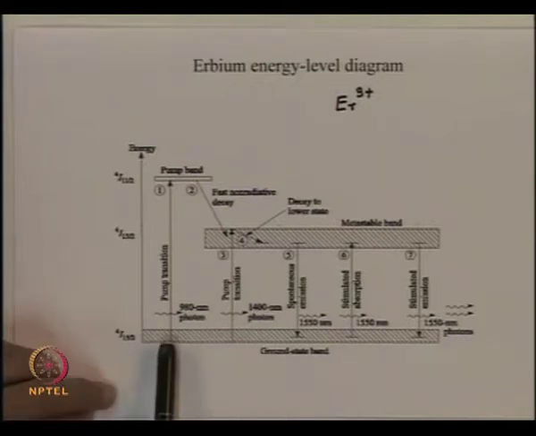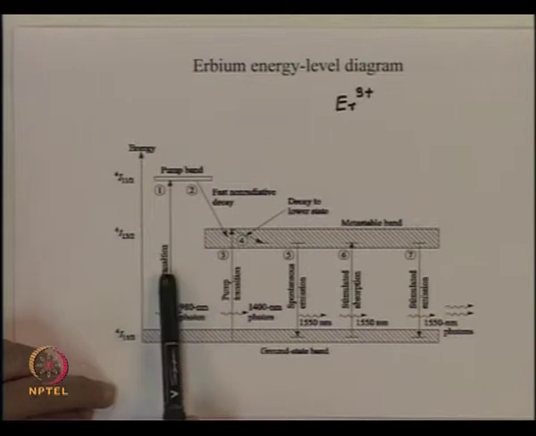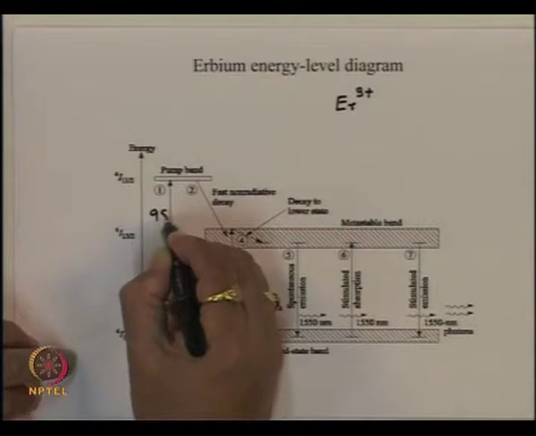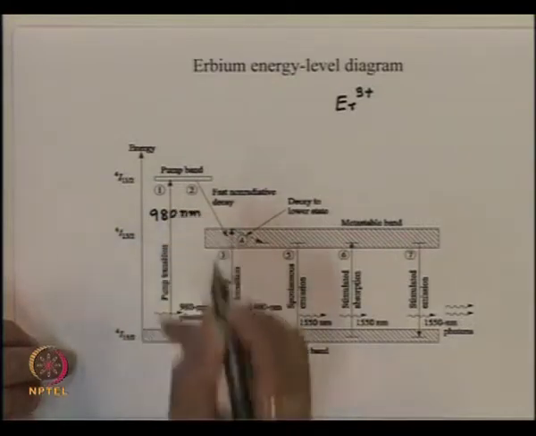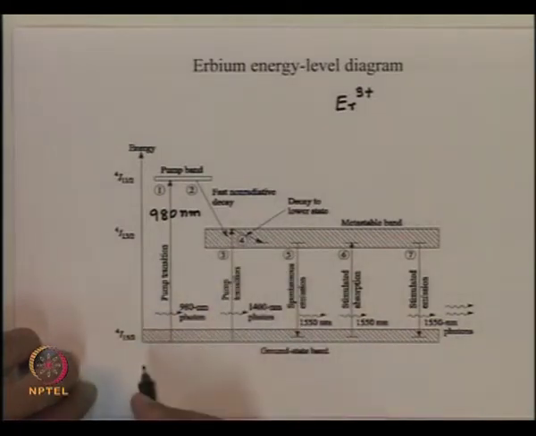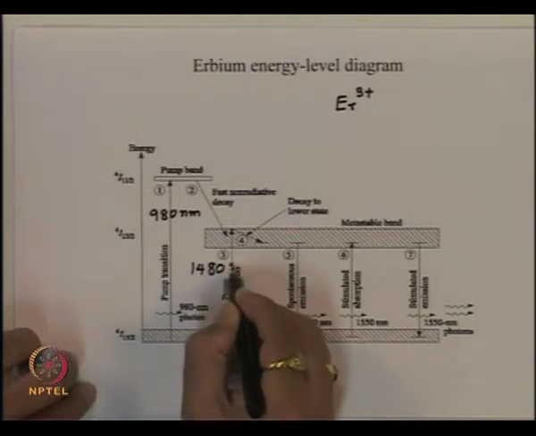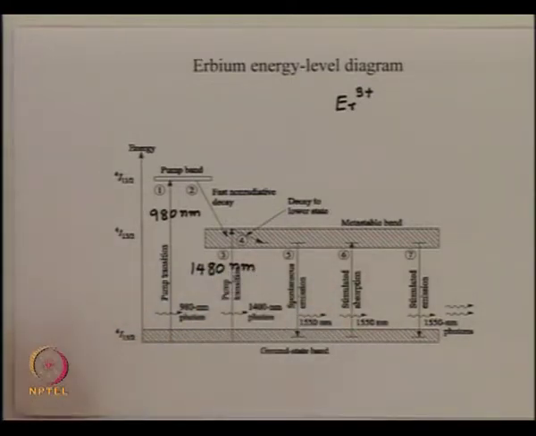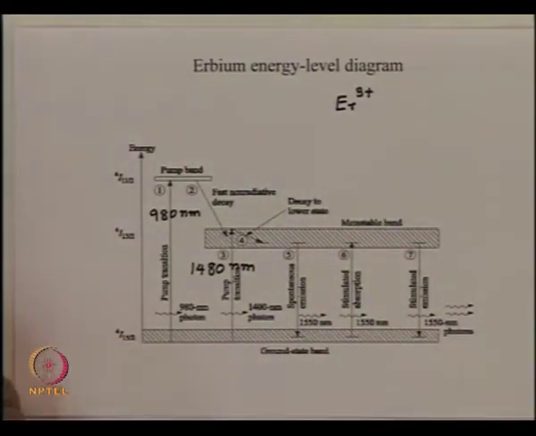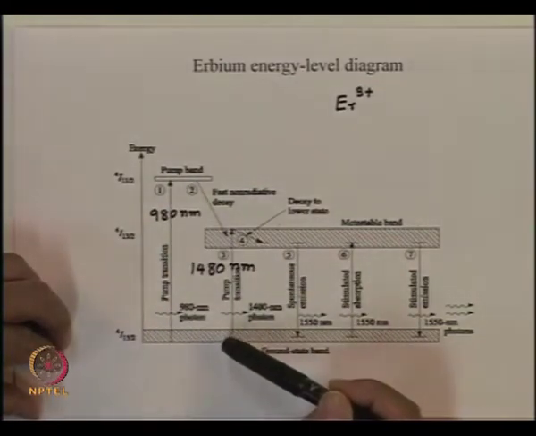And as we saw, either we can pump from this level to this level, which corresponds to a wavelength of 980 nanometer, or we can pump from this level to the top of this level, which is 1480 nanometer. So, this material, erbium doped glass, can be pumped either at 980 nanometer or at 1480 nanometer.